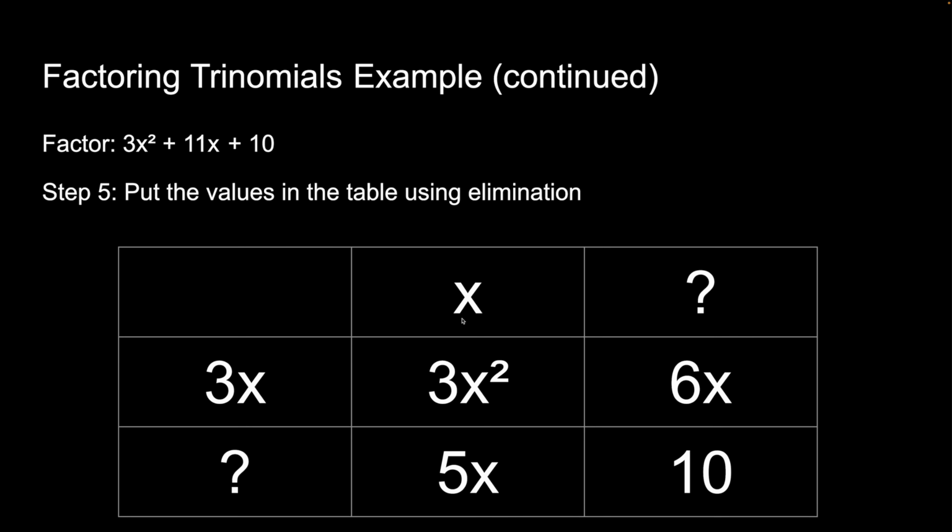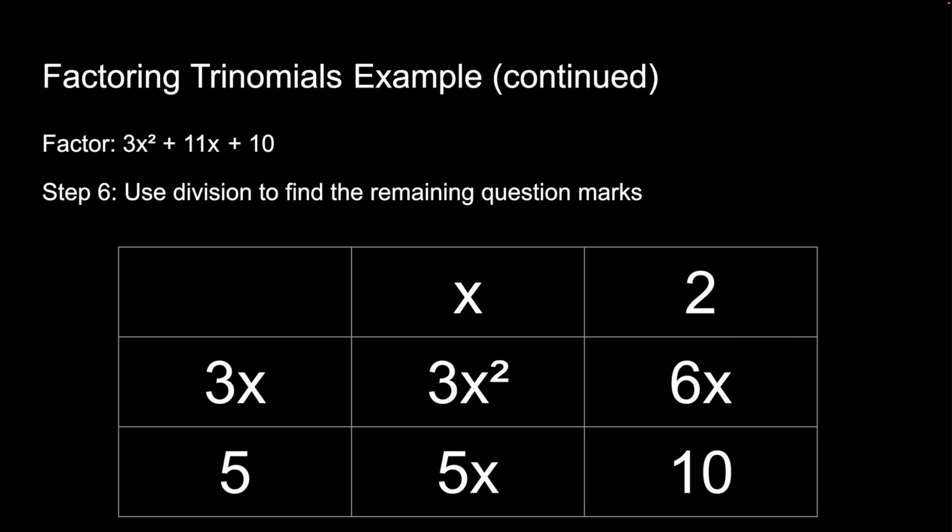In this case, if you put the 3x on the top over here where we put the x, then there would be no whole value you can multiply the 3x by to get 5x. So we can put the 3x here, because we can multiply it by 2 to get 6x, and we can multiply this x by 5 to get 5x. So it works.